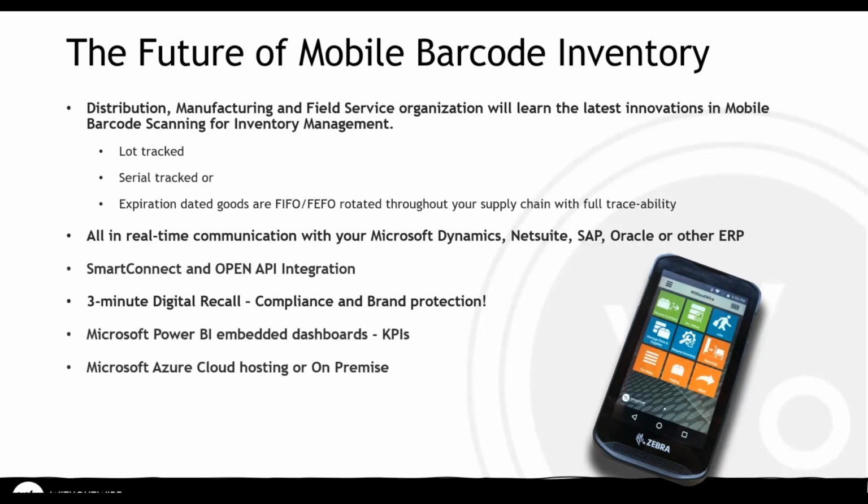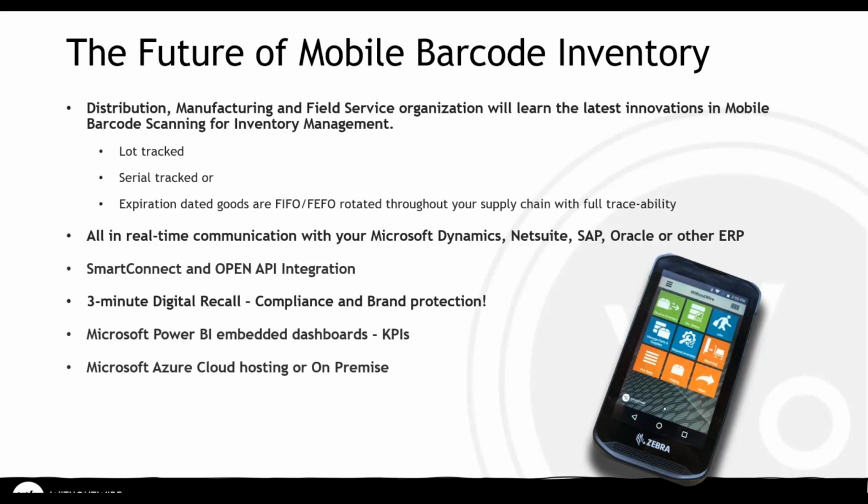And so WithoutWire, with its strength in distribution, manufacturing, and field service, is a great complementary solution to Dynamics 365 Business Central to provide that mobile barcoded inventory traceability. Whether it's lot tracked, serial tracked, or expiration dated, we can rotate FIFO, first in, first out, or first expired, first out, throughout your supply chain, keeping full traceability.